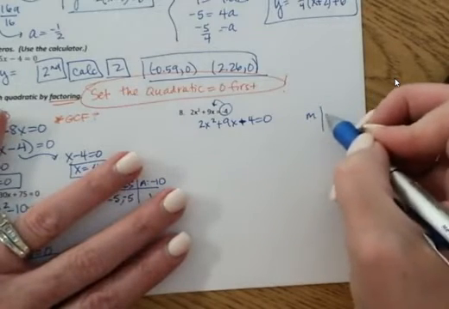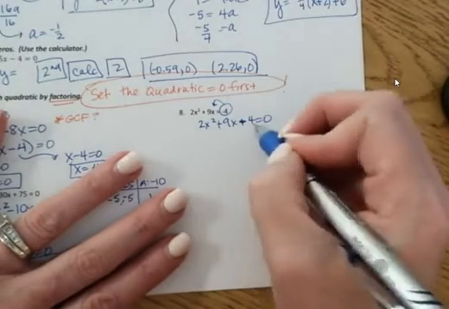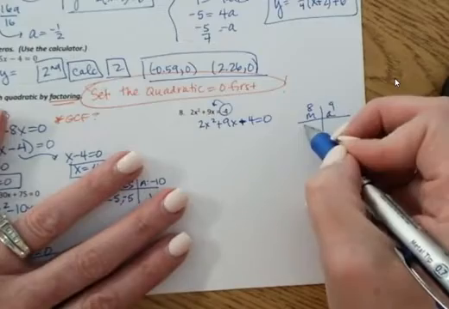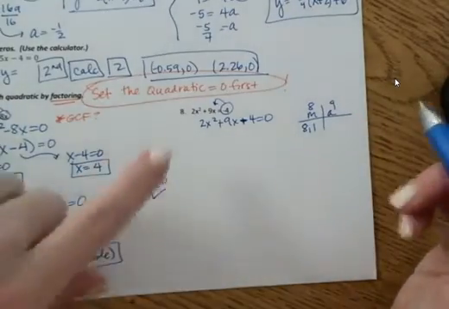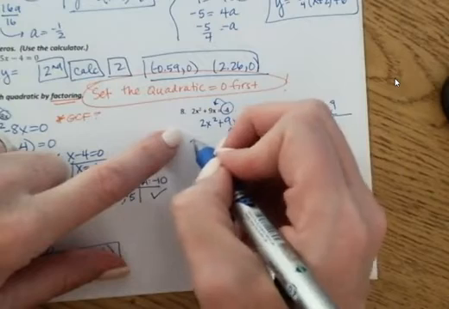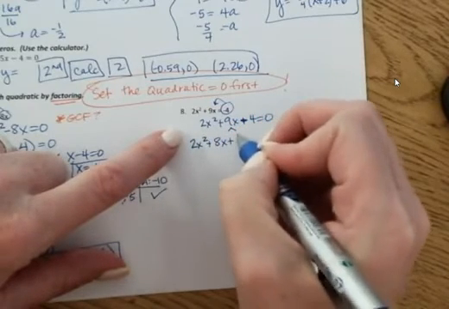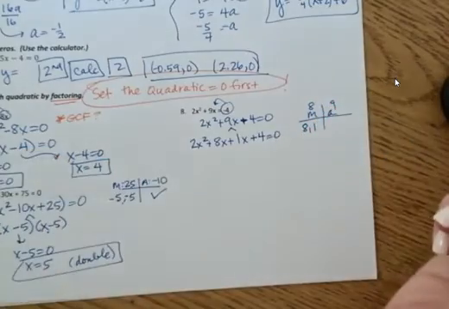So multiply and add. I need to multiply 2 times 4, which gives me 8, but I need to add to 9. So hopefully you catch that 1 and 8 work. So I'm going to split up that 9x. I'm going to say 2x squared plus 8x plus 1x plus 4 equals 0.